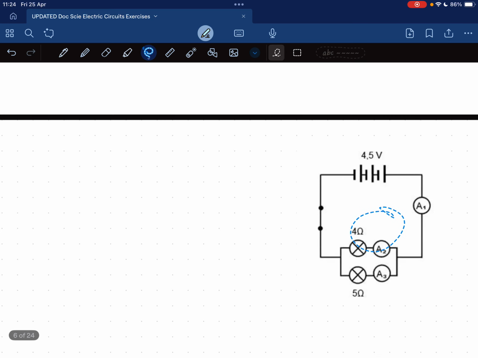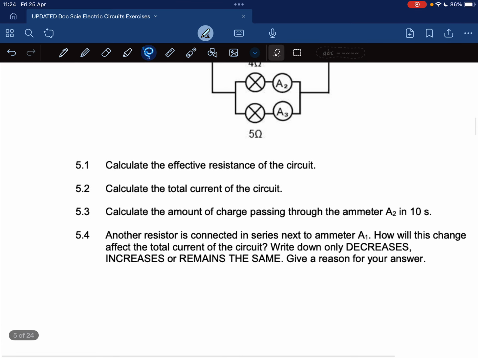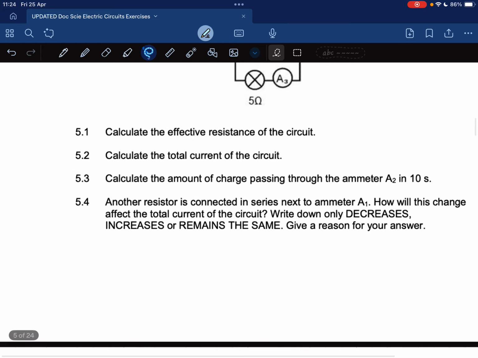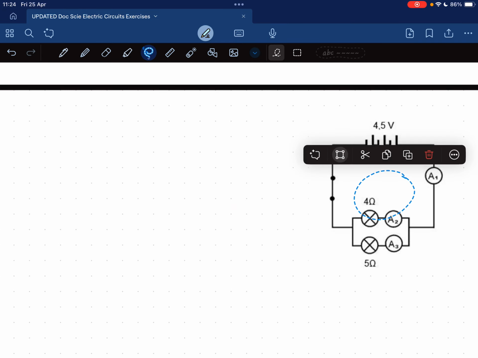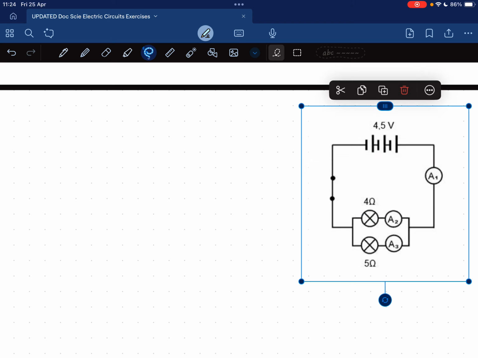Okay, so it says calculate the effective resistance of the entire circuit. Okay, so let's try make this a bit bigger.